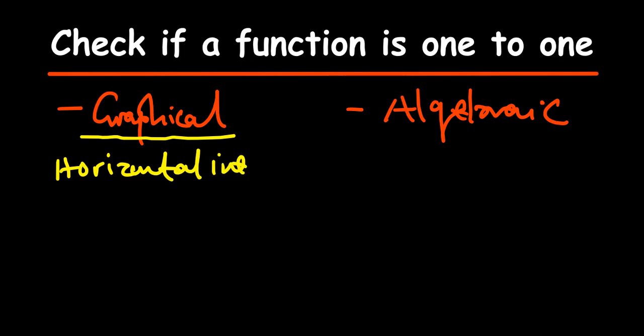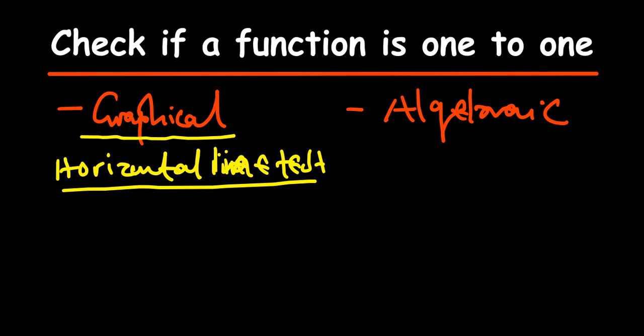Given any curve, we can just draw a horizontal line and see if that horizontal line touches that curve at only one point. Then we conclude that that function is one to one.